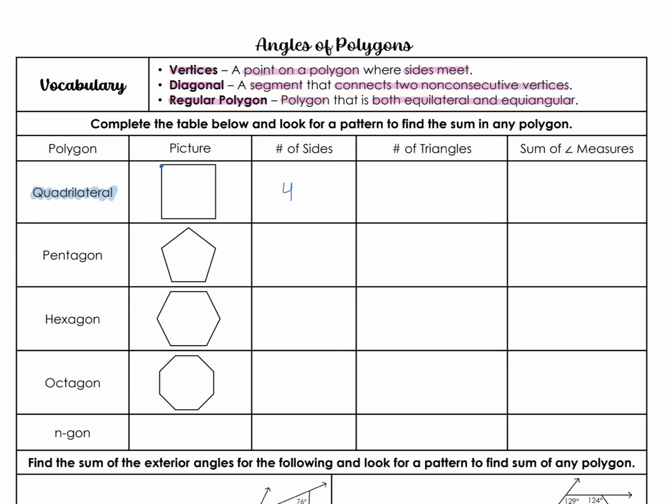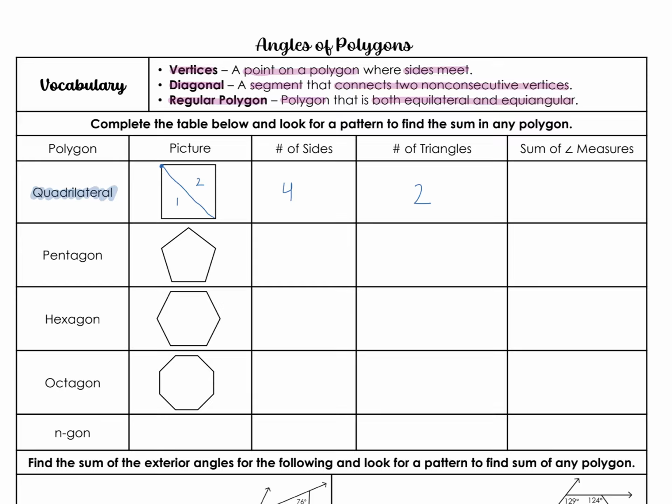It doesn't matter where, but you got to then start from that same point every single time, and then just draw a diagonal or as many diagonals as you can. And so for this one here, it's not going to be perfect, but that would be my example of my diagonal. And I can see that I'm going to have 1, 2 triangles.